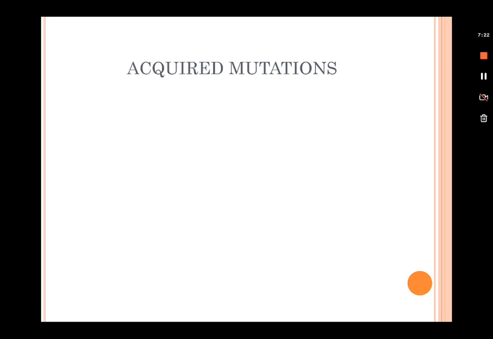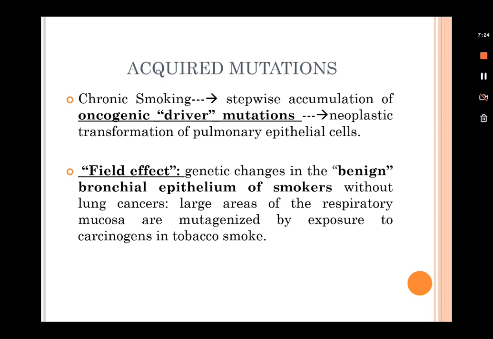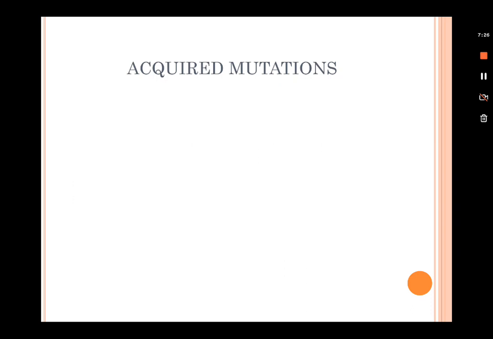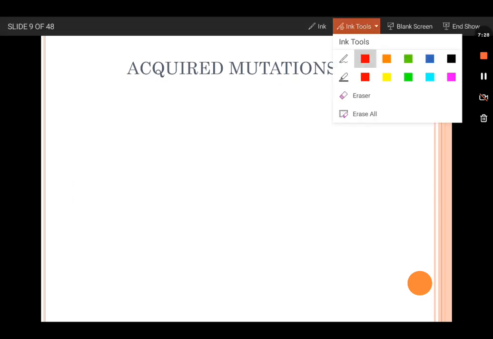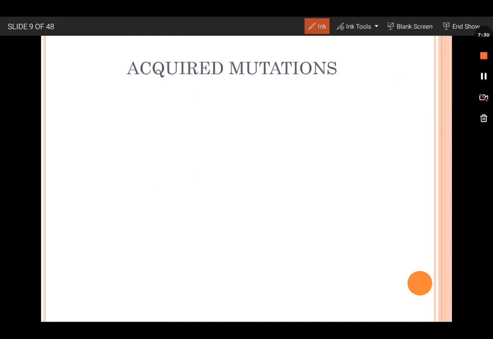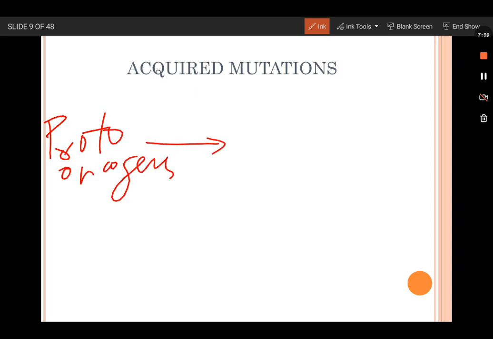Now coming to mutations. If you remember the chapter on neoplasia, there were 2 things that could cause cancer. Either your proto-oncogenes, so proto means something inactive, right? Proto-oncogenes which, because of some event, became oncogenic.